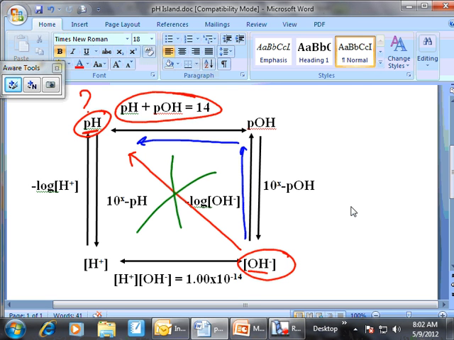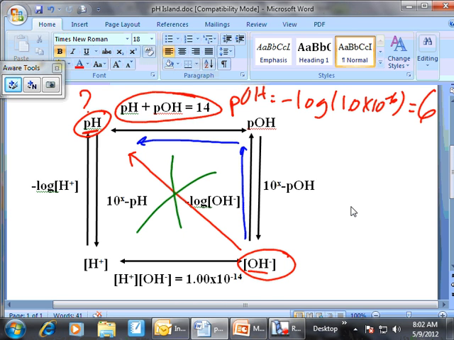If we're given the concentration of OH minus is equal to 1.0 times 10 to the minus 6th, we know that the pOH is going to be the negative log of that concentration, 1.0 times 10 to the minus 6th. We get that answer, that's going to give us 6. And again, pOH does not need a unit.